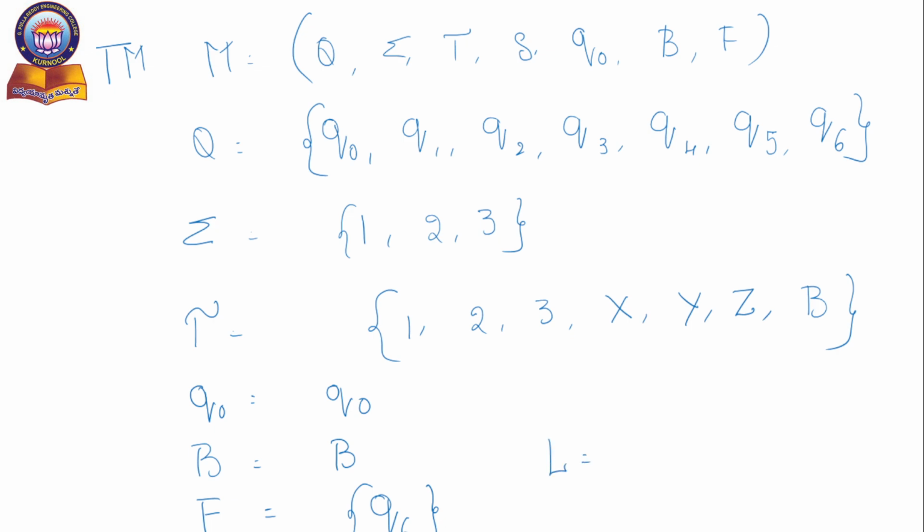So L is equal to 1 power n, 2 power n, 3 power n is accepted by this Turing machine. So like this, if any recursively enumerable language is given, based on the syntax and the format of the language, think of the logic and design the Turing machine appropriately.